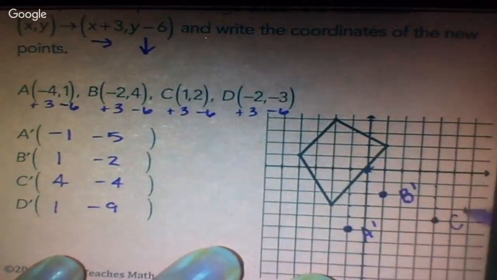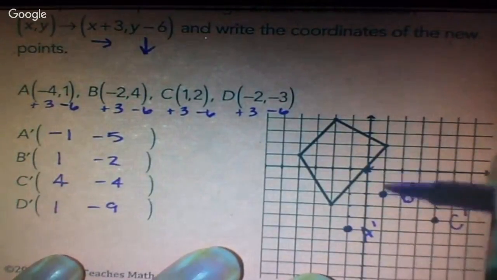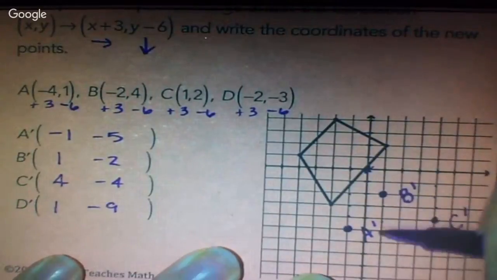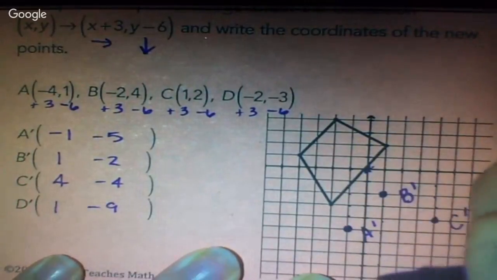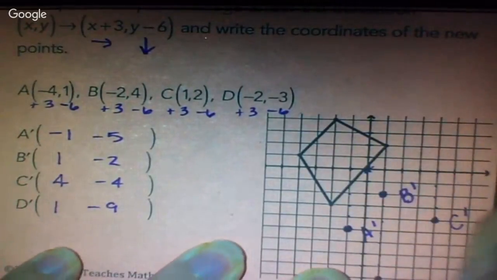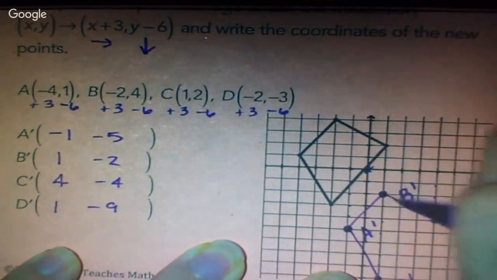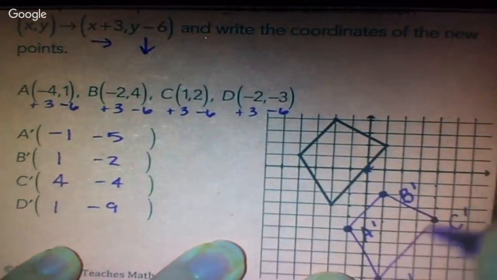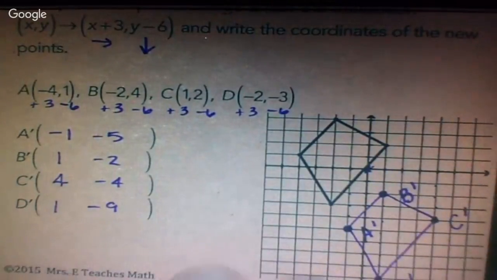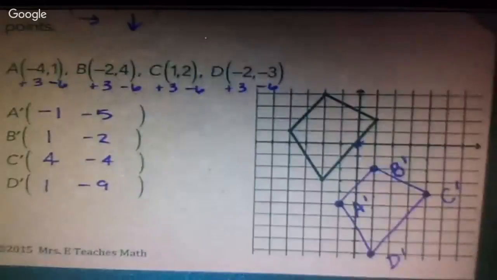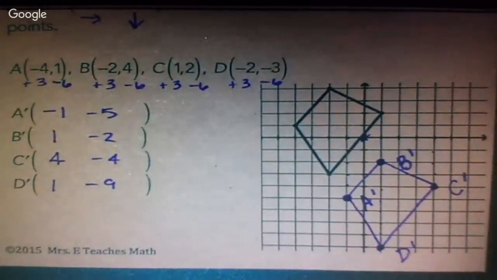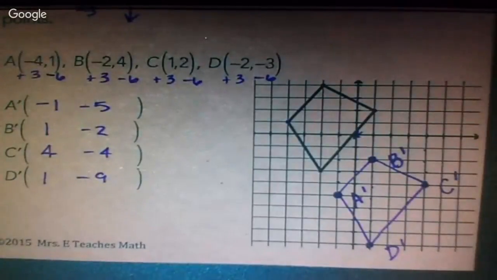This is C prime. And D goes to the right by 1 and down by 9. 3, 4, 5, 6, 7, 8, 9. Here is D prime. So your figure is still the same shape, the same size. It's just been moved to the right and down.